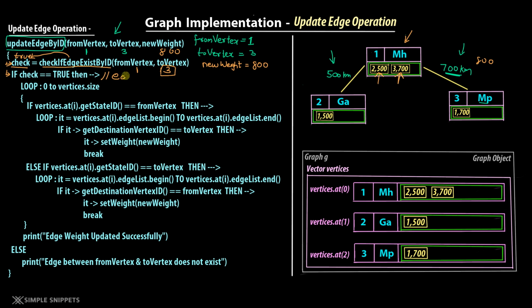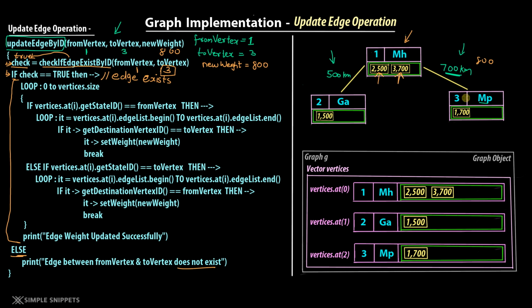This is the if block, which is this whole part. But in case the check if edge exists by ID returned false, then this else part would have been executed, and in that else part we simply print edge between from vertex and to vertex does not exist. Makes sense? Pretty basic.